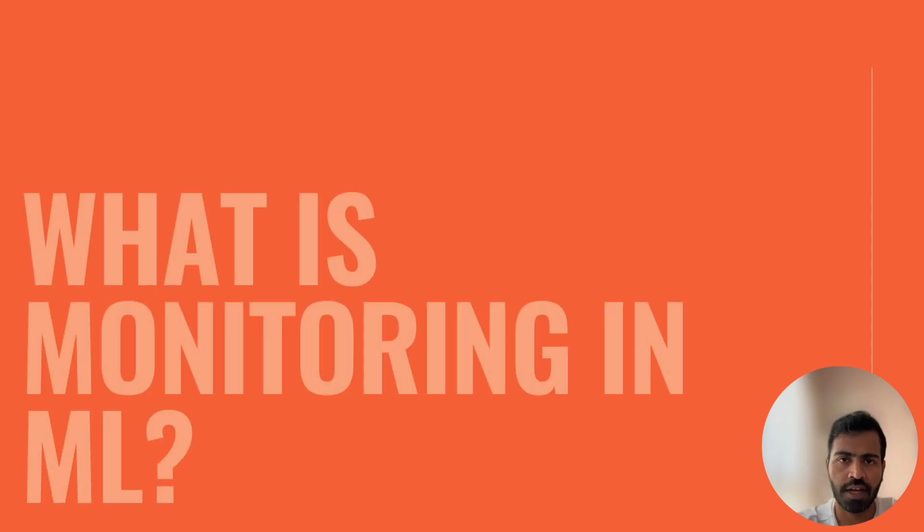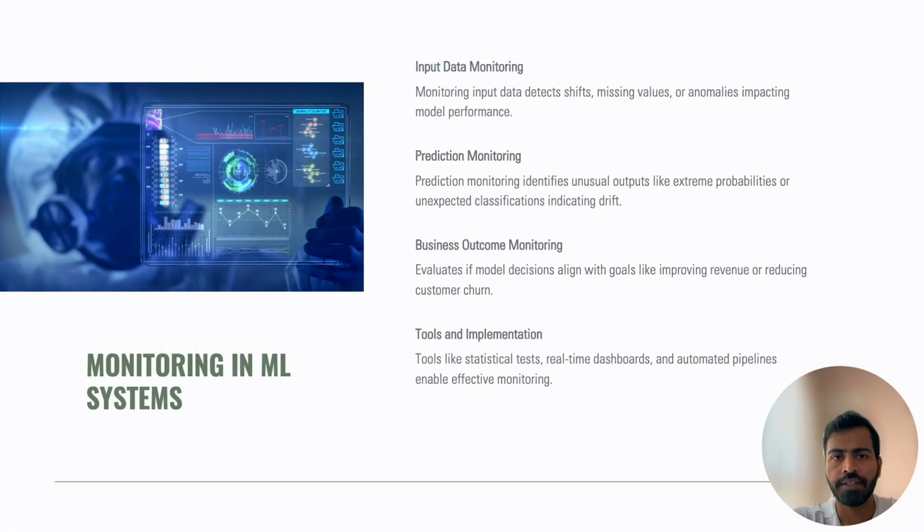Now let's understand what is monitoring in ML. So let's understand the types of monitoring. Input data monitoring. What we need to check is, are values changing, are distributions shifting? If input changes, prediction changes. Second is prediction monitoring.